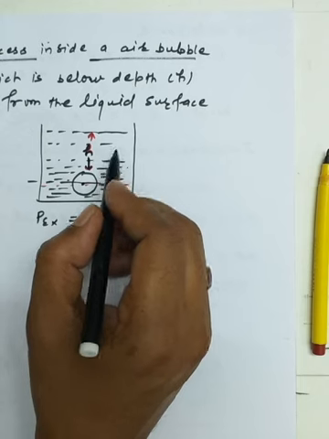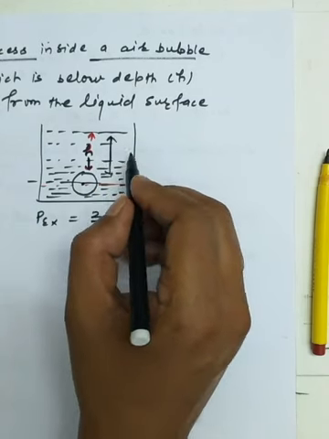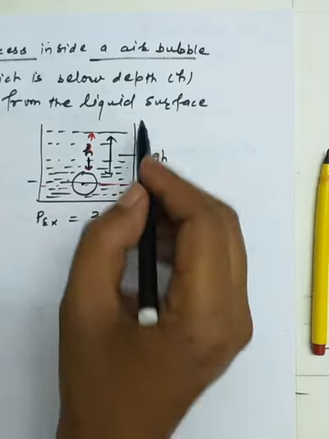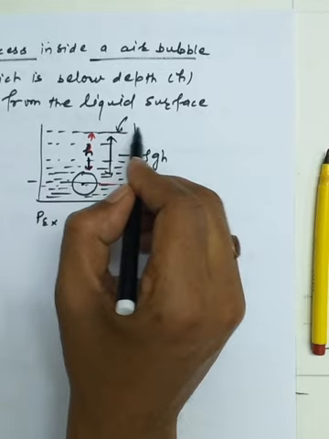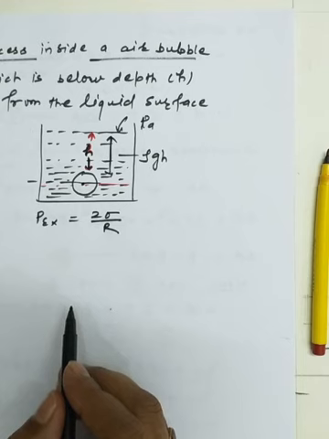If this air bubble is deep inside, at a height h below the surface of the liquid, then the pressure due to the liquid column also applies. This is rho gh. Similarly, the liquid surface is open to the atmosphere, so the atmospheric pressure is also applicable.